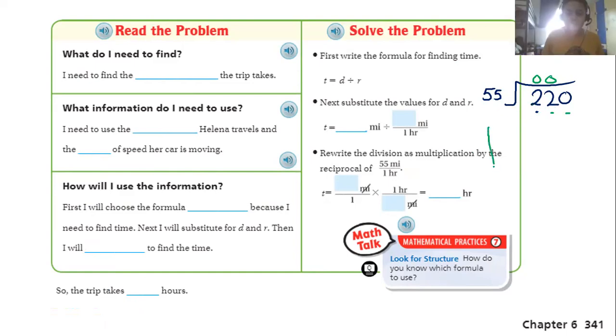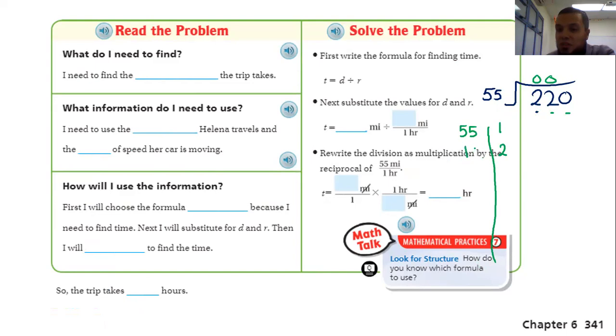I need to write the multiples list to find it. 1 times 55 is 55 first, and then 110, and 3 times is 165, and 4 times is 220.